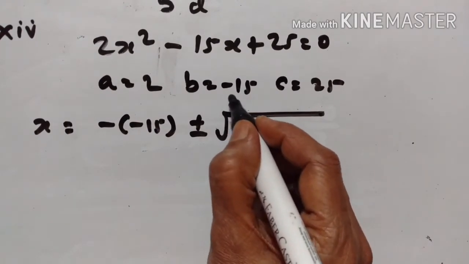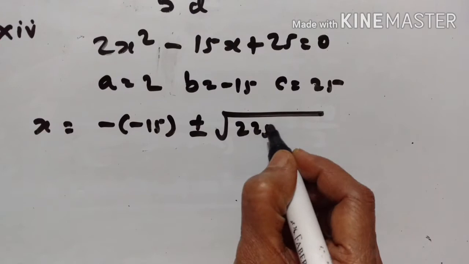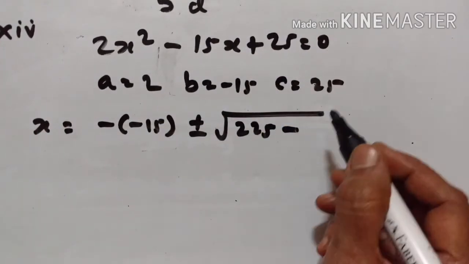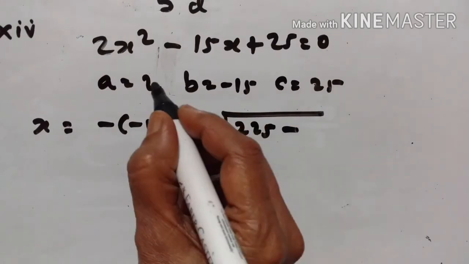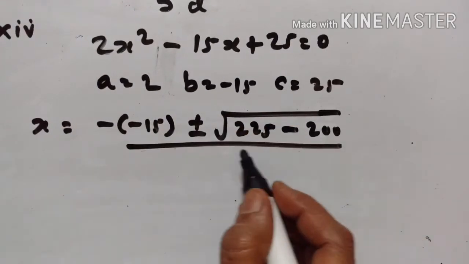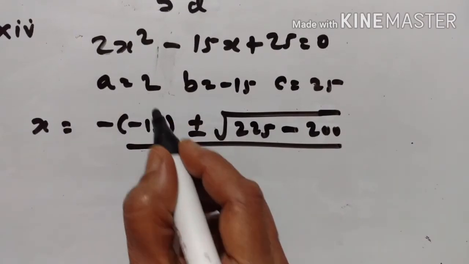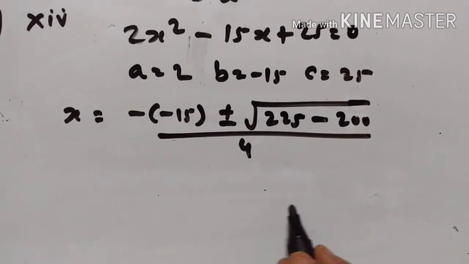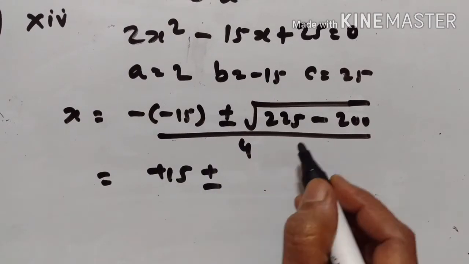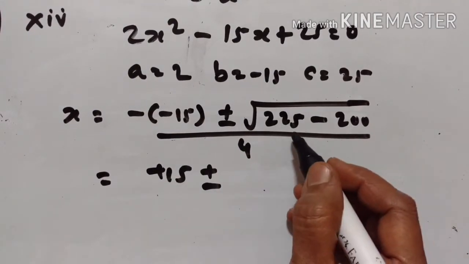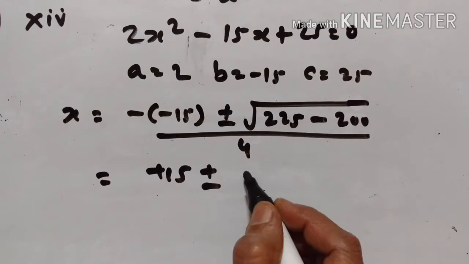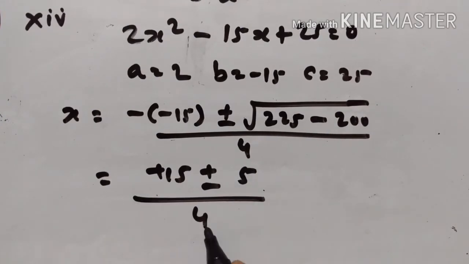Minus 15 into minus 15 is plus 225. b squared minus 4ac. 4 into 25 is 100, 100 into 2 is 200, upon 2a. 2 into 2 is 4. Plus 15, plus or minus square root of 225 minus 200 is equal to 25. Square root of 25 is equal to 5, upon 4.